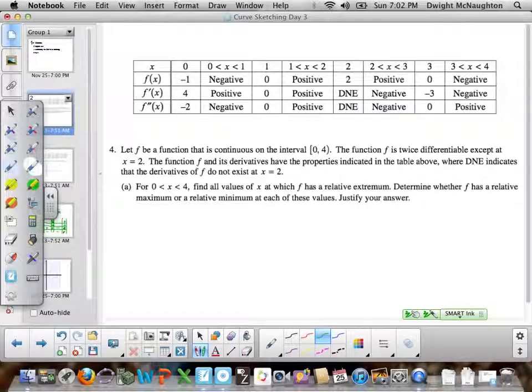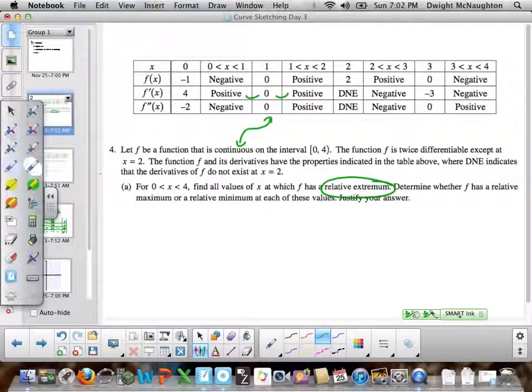Find all values of x at which f has a relative extremum. Determine whether it's a max or min, and justify. To determine extremum, we need to look for sign changes in the first derivative. Here, we go from positive to 0, and then 0 to positive, which means it looks like that.